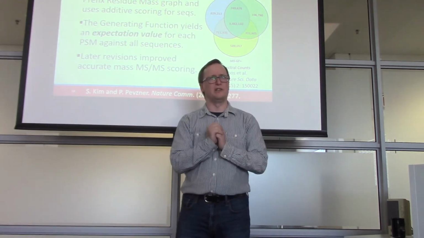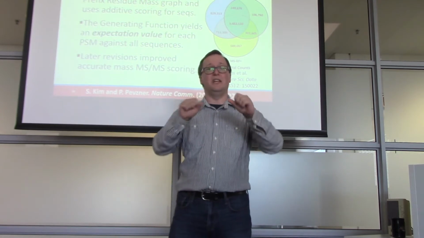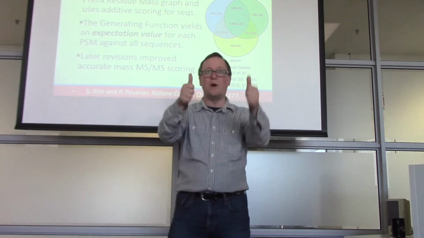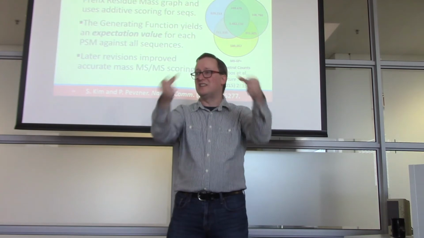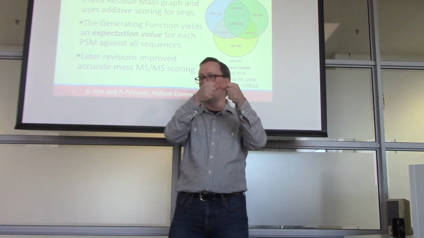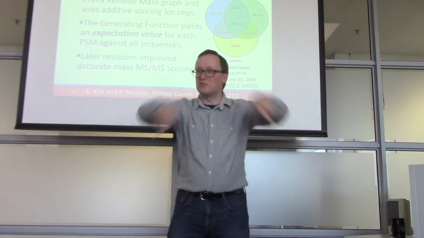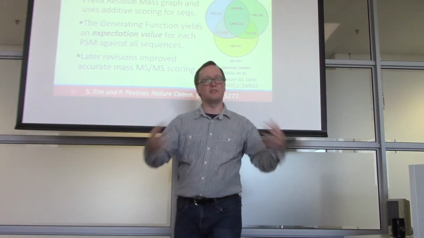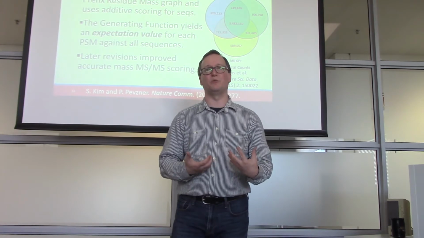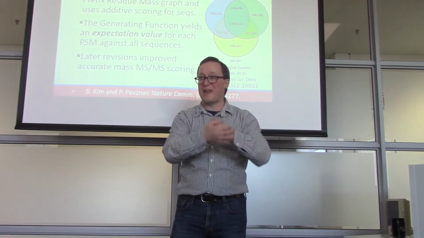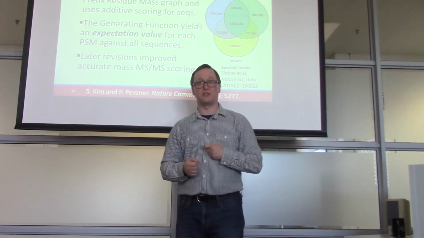The math behind it is a little confusing, but let's just say that if you see a B4 and a Y6 ion that added together give you the mass of the whole peptide, they're correlated with each other, right? Because one breakage produces both of those fragments. So their software does a transform of the spectrum in a way that tries to bring this information back together before it does match scoring.